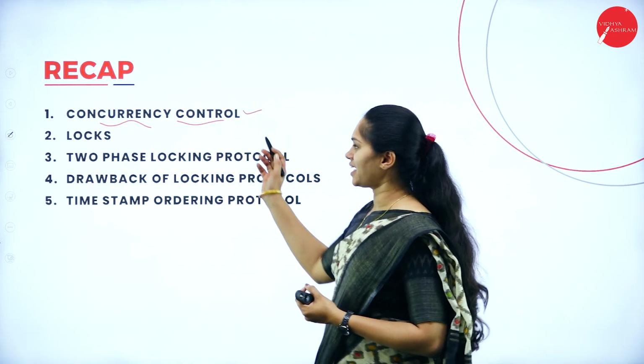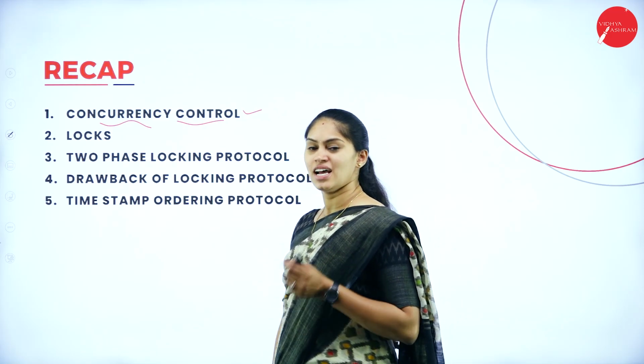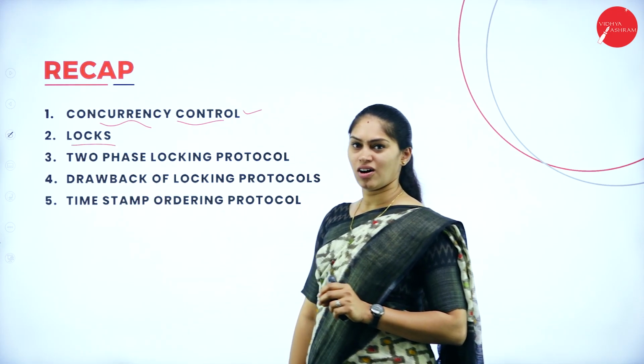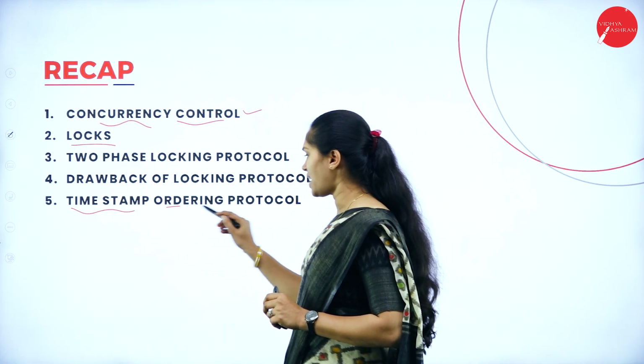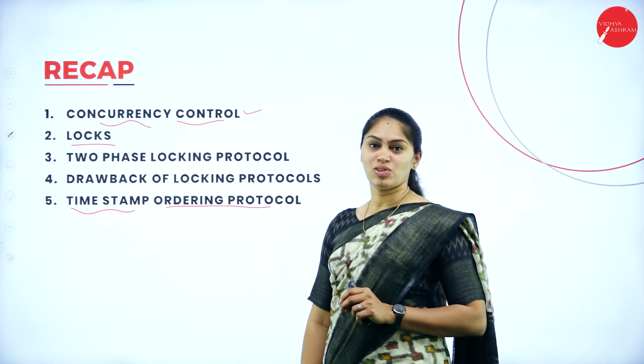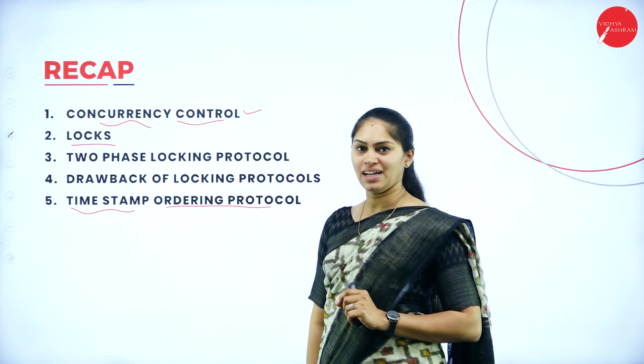To control the concurrent execution of database transactions, we have two methodologies. One is related to locking, and the other is related to the timestamp ordering protocol. By having these two protocols, or techniques, we are able to control the concurrent execution.